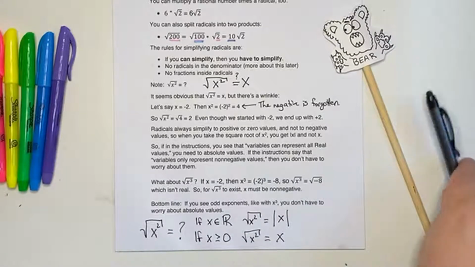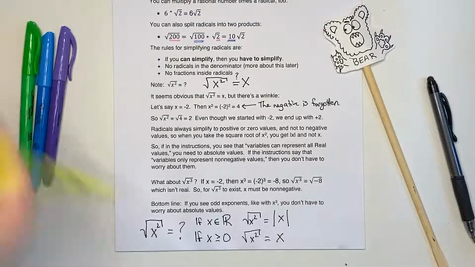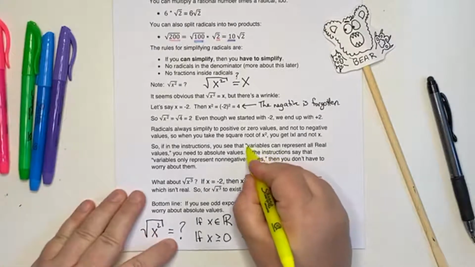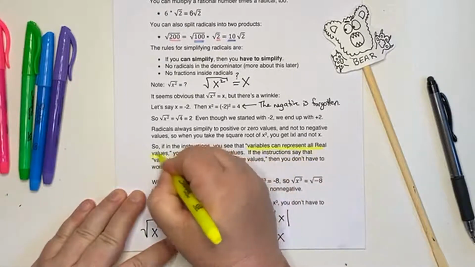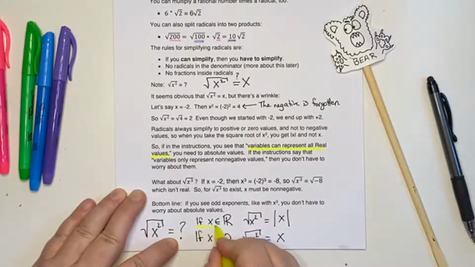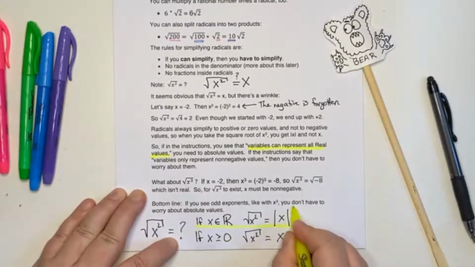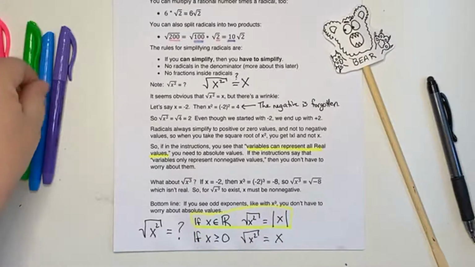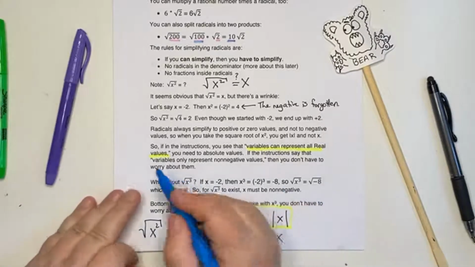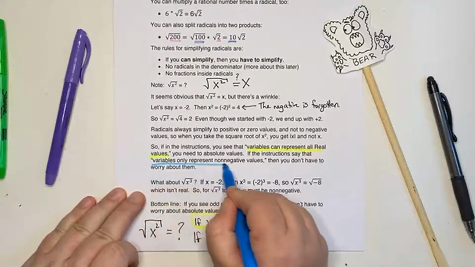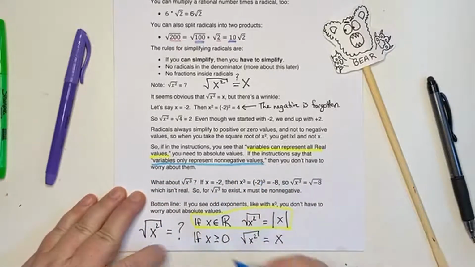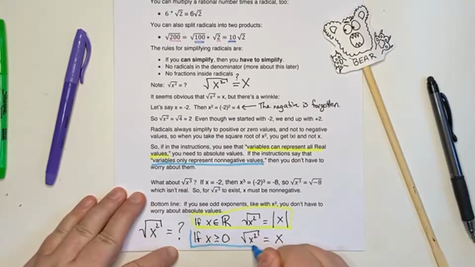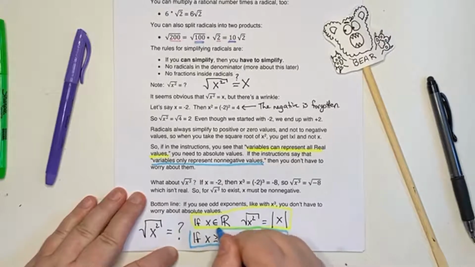So what you're looking for is if variables can represent all real values, then we're in this land. Try not to take you to Smeary Town. And if the instructions say variables only represent non-negative values or something similar, then we're in this land.